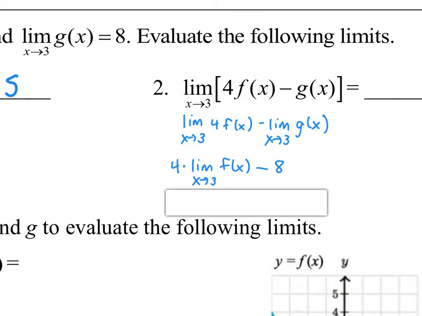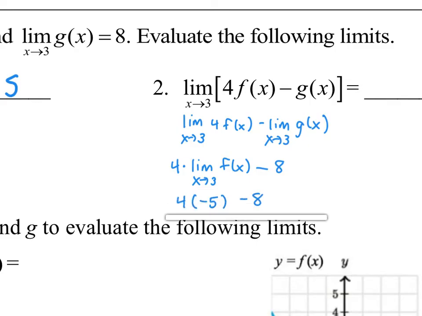And I also went ahead and evaluated the limit as x approaches 3 of g of x. I have that value up here as being 8. And now all I have to do is look up this limit, and I know that is that -5 that I had before. And when I calculate that, I get a final answer of -28.